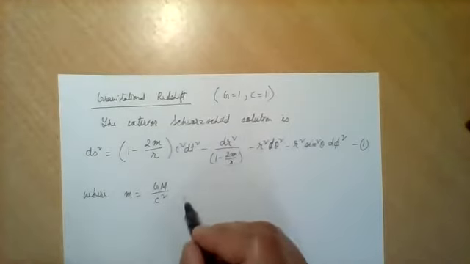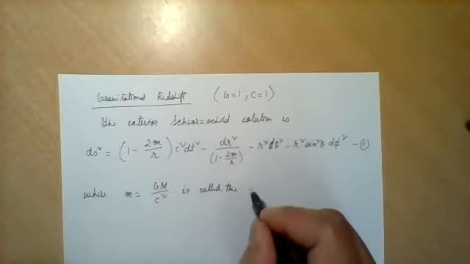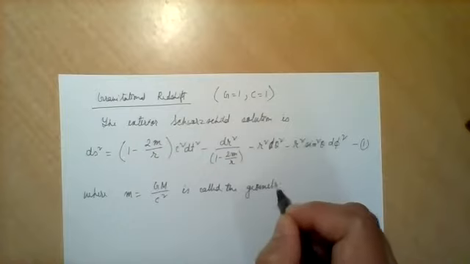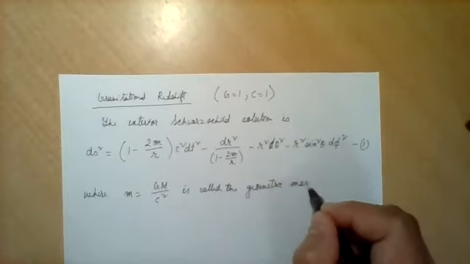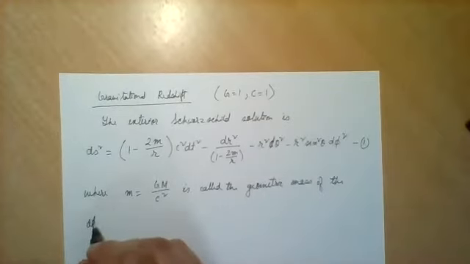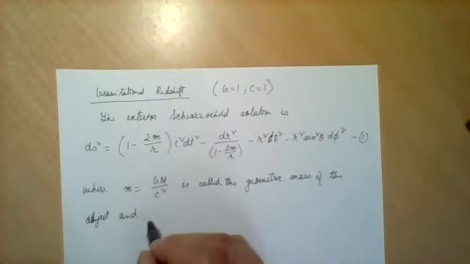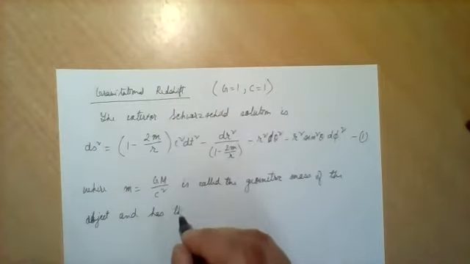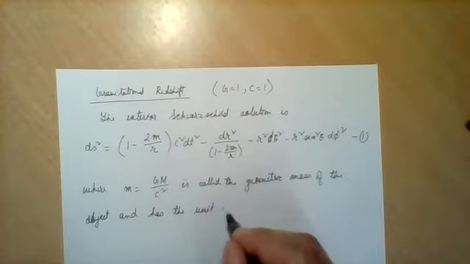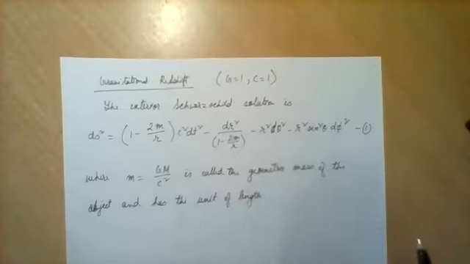Okay, so this m is called the geometric mass of the object, and it has the unit of length.